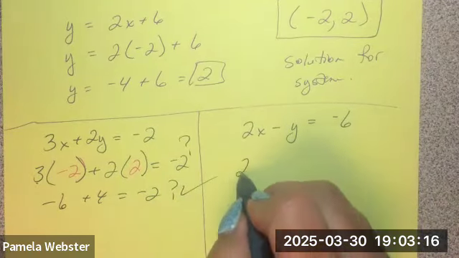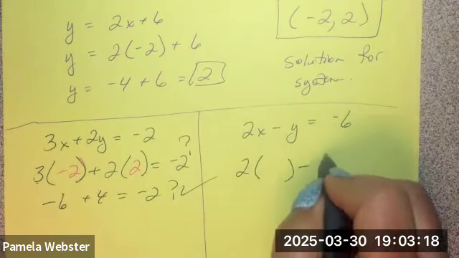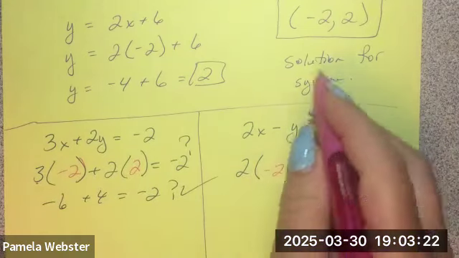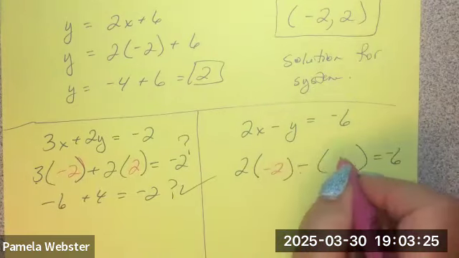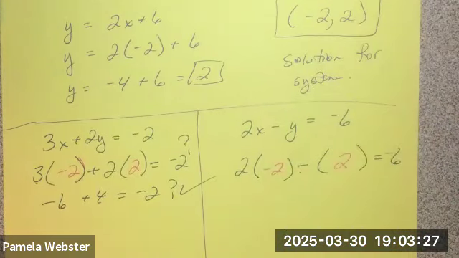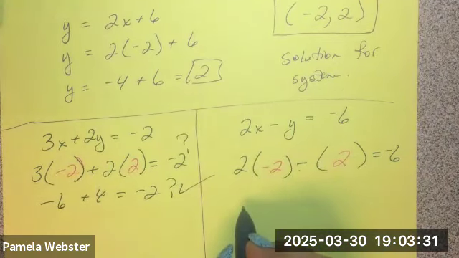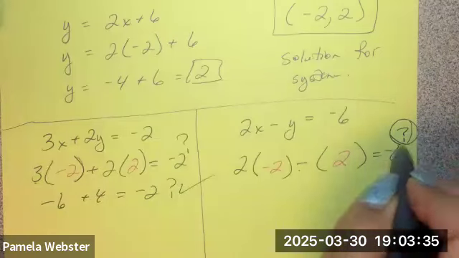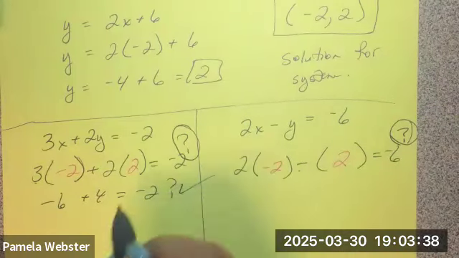And then over here, I've got 2 times, and I'm going to put in a -2 there. And then minus, be careful with all these negative signs running around, minus a 2 equals a -6. You see where my mind goes. I immediately see all those negative signs and I say, whoop, be careful. I'm talking to myself as much as I'm talking to you guys.